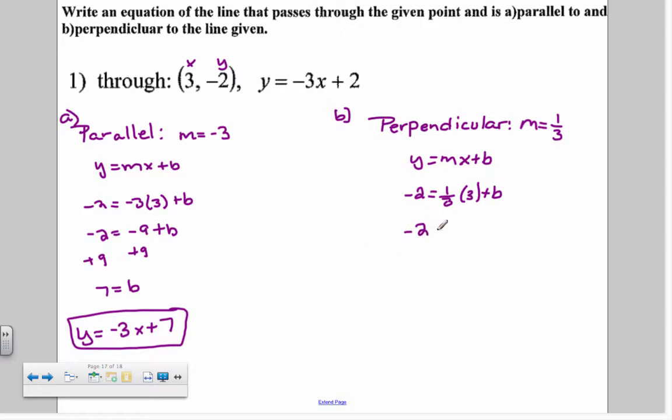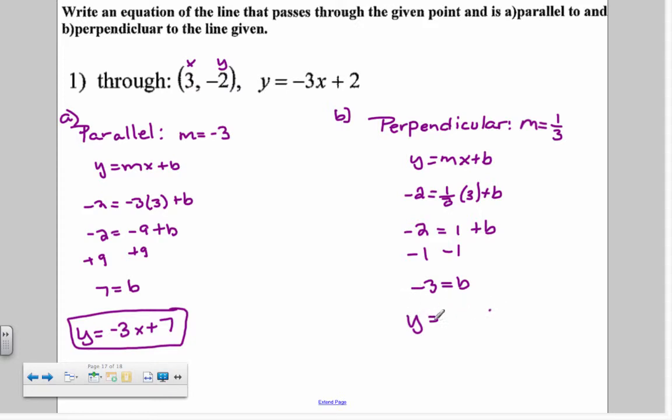Here I have negative 2 equals 1/3 times 3, that's 1, plus b. So I can now solve for b by subtracting 1 from both sides. And here I'm going to get negative 3 equals b. So to rewrite my equation now, I'm going to have my slope, opposite reciprocal, which is 1/3 x, plus what I found my y-intercept to be, negative 3.